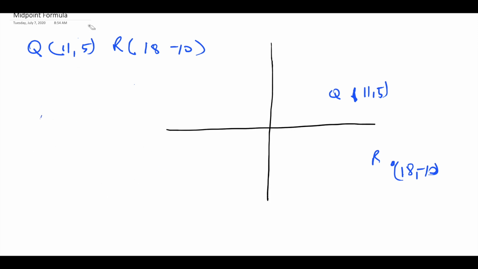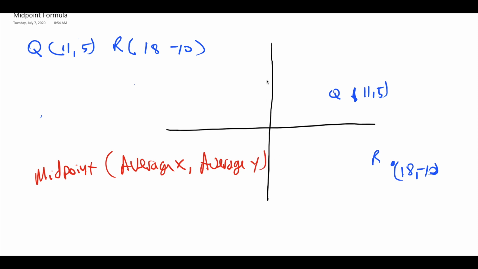And you just have to do this: the midpoint is the average of the x, comma the average of the y. I mean, you don't have to draw a grid or anything. You could just do it from the problem itself. All right, so average x, comma average y.